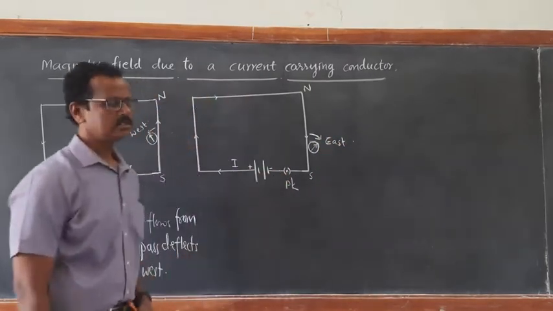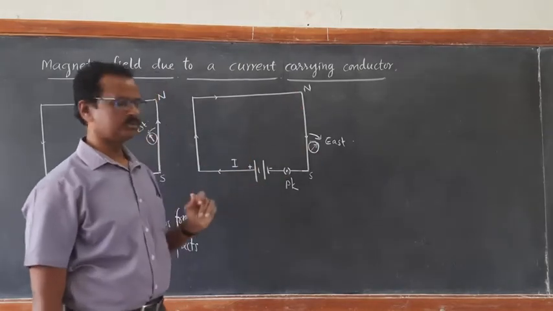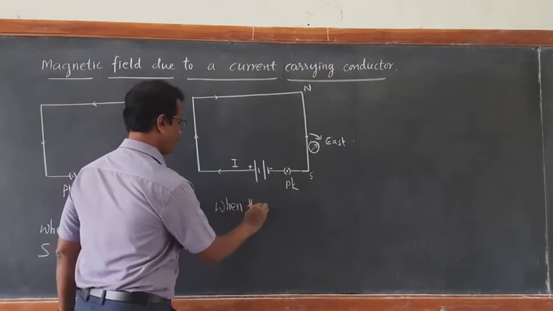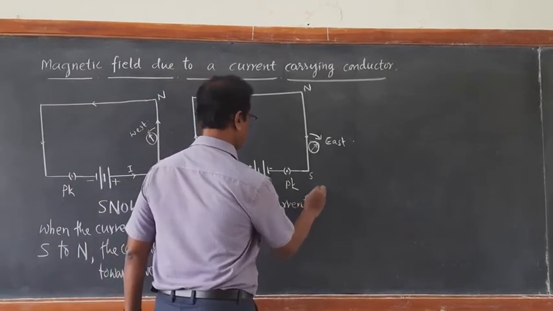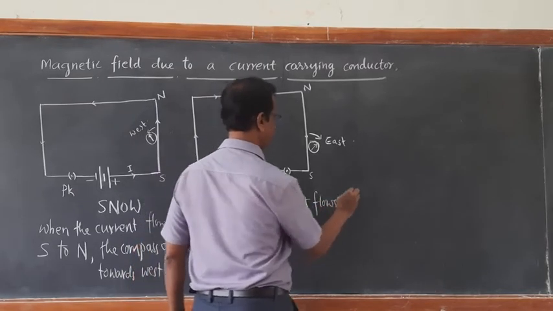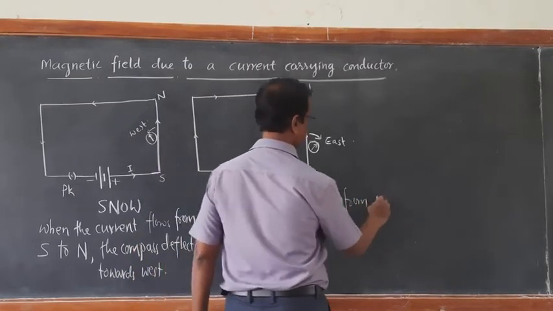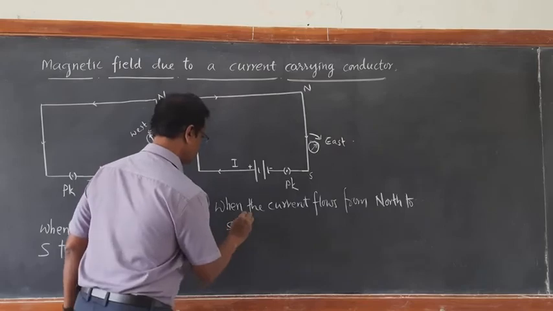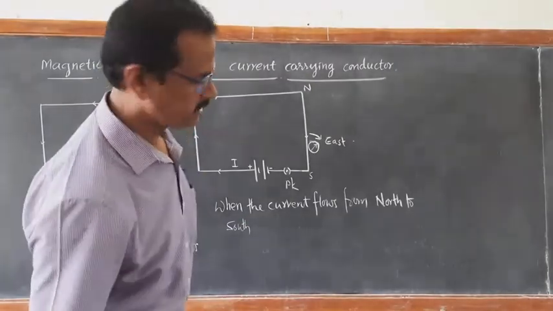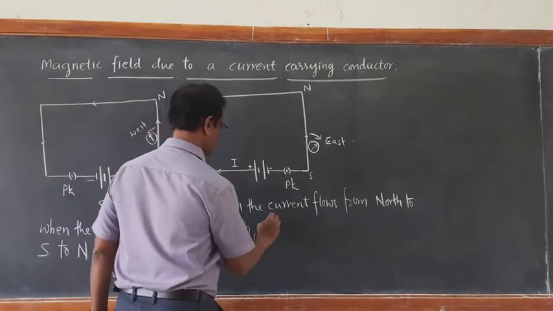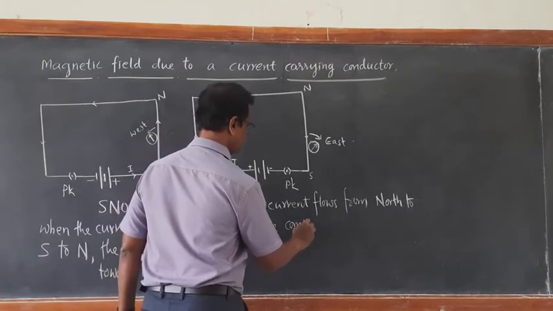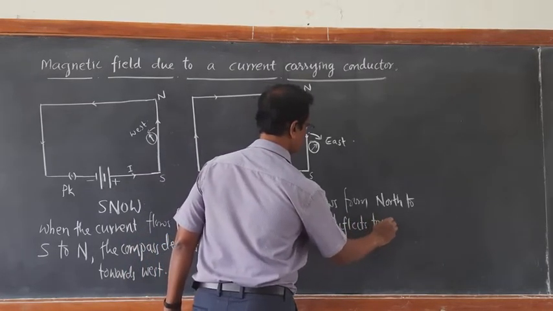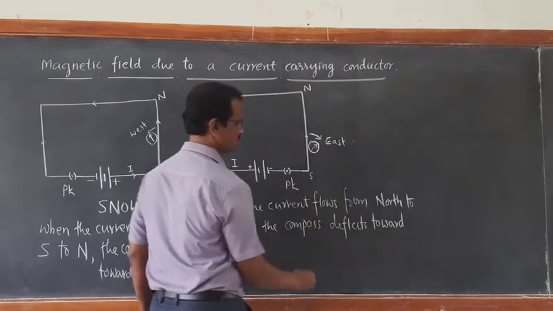So when the current flows from north to south, in the reverse direction, as you are observing here, the compass deflects towards east.